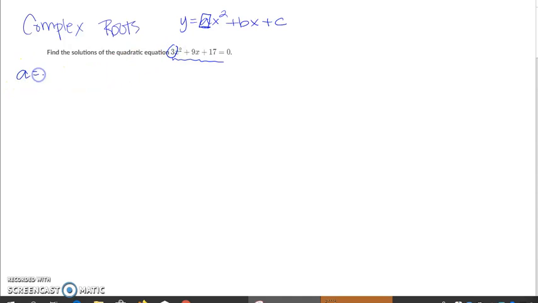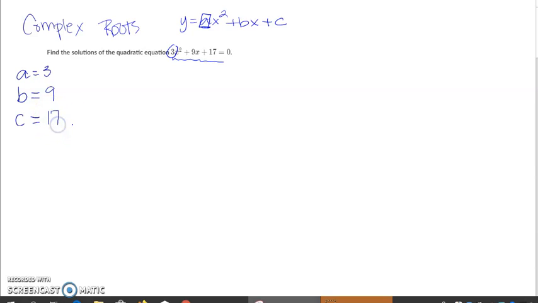So our a for this equation is going to be 3. Likewise, whatever number's in front of your x is your b term. So our b is going to be 9, and whatever number you have by itself is your constant, your c value. And we have 17.